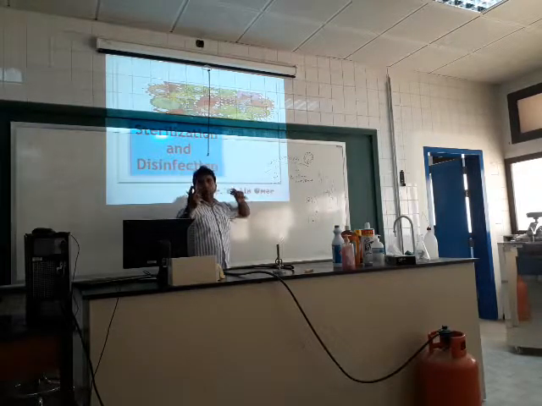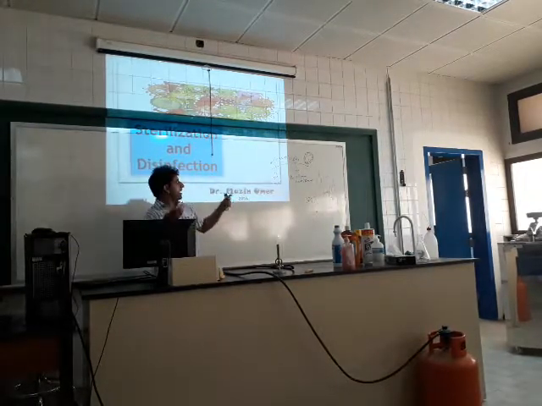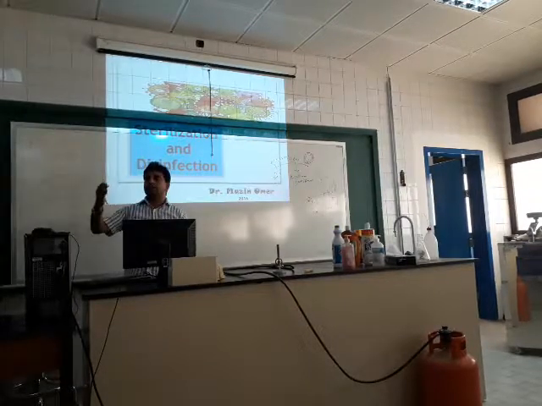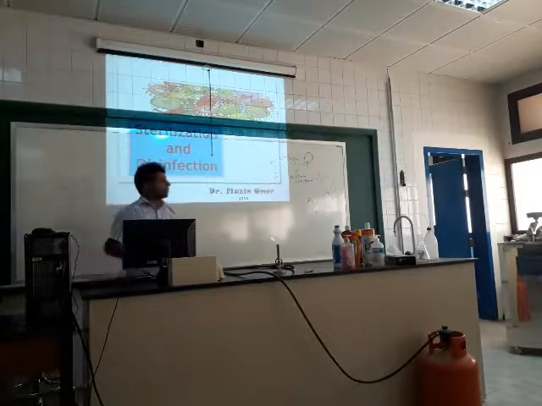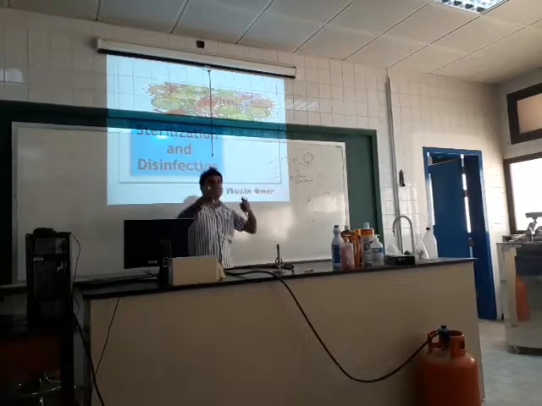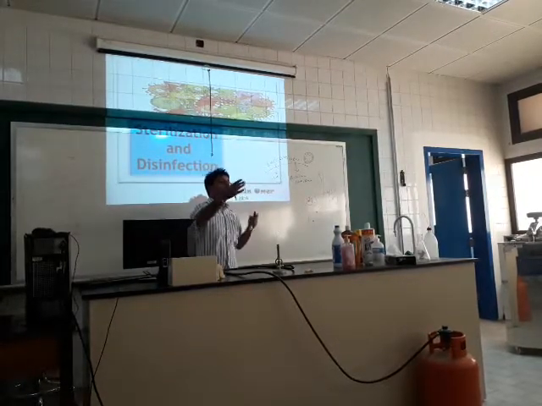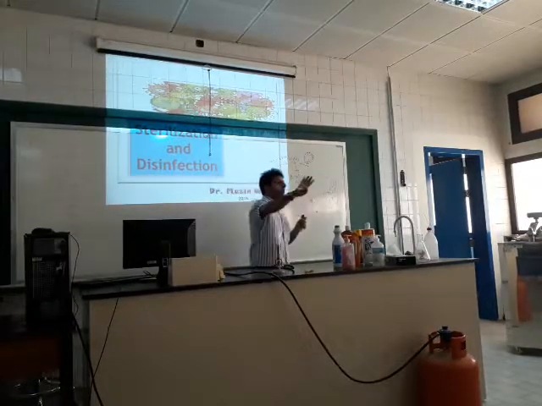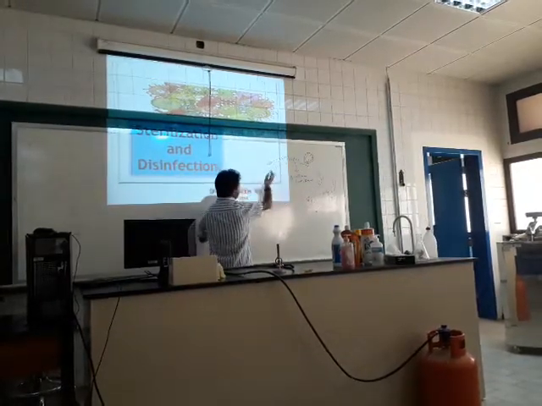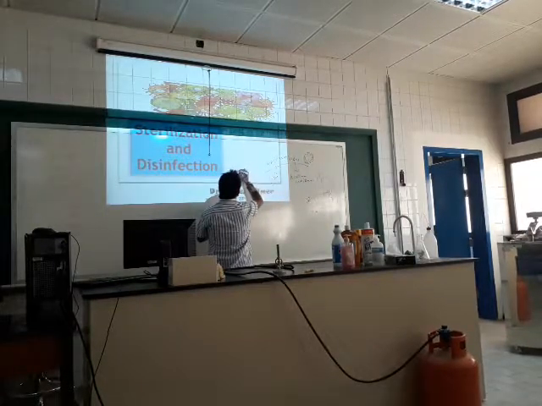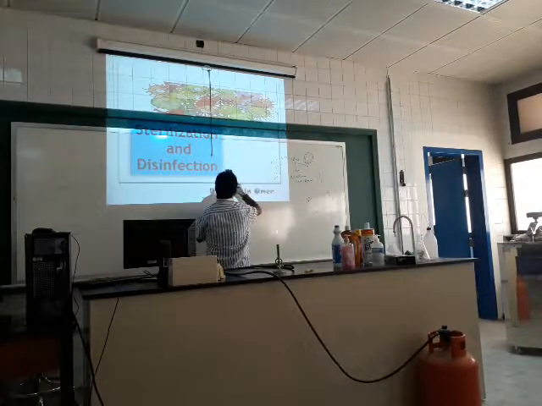Sterilization, I told you earlier, is a method by which you can get rid of microorganisms. But different methods can be used to get rid of the microbes. Why is this? There is a reason. Number one, the microorganism is divided into two states. Vegetative.